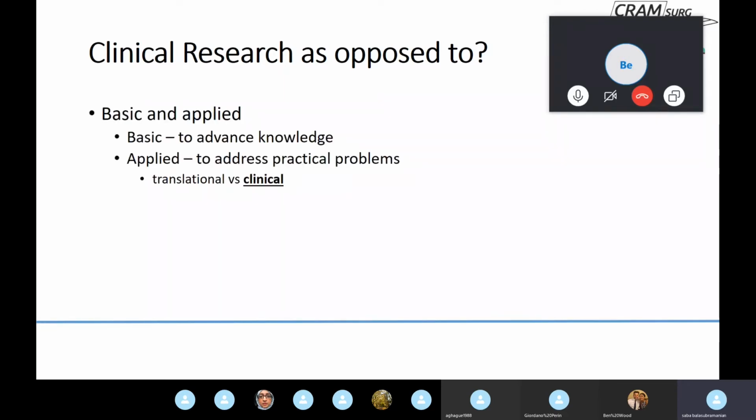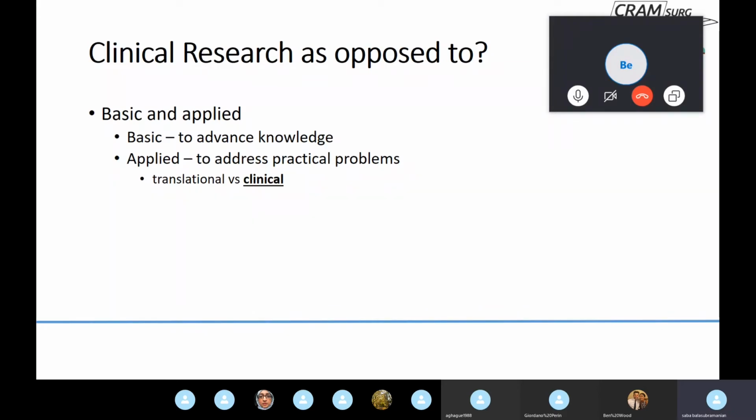The most elementary is something you have probably all heard of, whereby research is classified into basic and applied research. Essentially, basic research aims to advance knowledge in a particular area, whereas applied research is primarily designed and conducted to address practical problems that people face. With applied research, you have translational on one hand and clinical on the other.